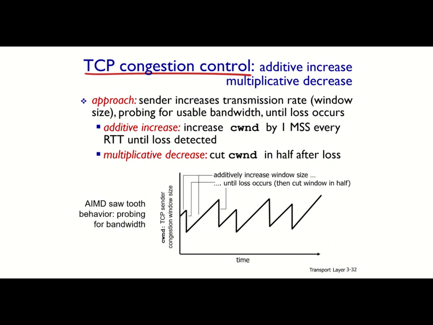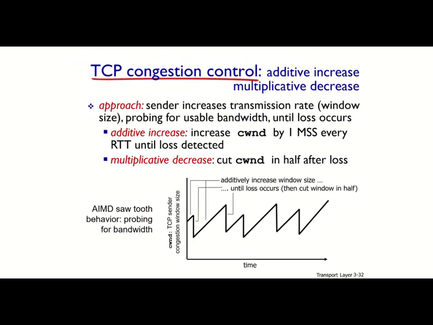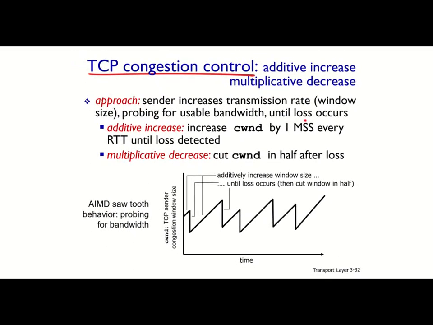So the CWND's slope is one maximum segment size per RTT, and then as soon as a loss happens, we have to cut CWND in half. So it has a multiplicative decrease, but it has an additive increase. In other words, you can say it has a linear increase, but an exponential decrease. We cut it in half.